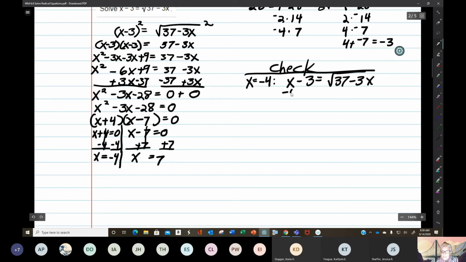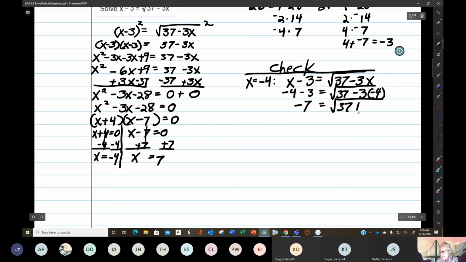Okay, well, negative 4 minus 3 equals the square root of 37 minus 3 times negative 4. So negative 7 over here equals the square root of 37 plus 12, because negative times negative is positive.